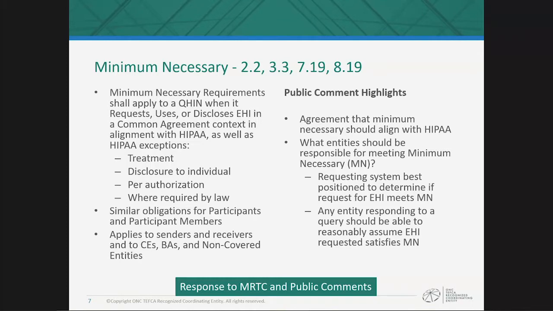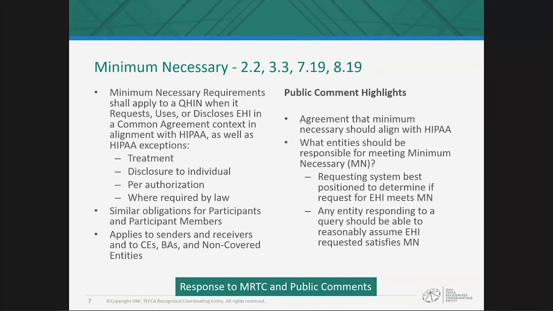So the MRTCs, and you see the section references here, just for orientation purposes, 2.2 is somewhat of a general section. Section 3 talks about QHINs.